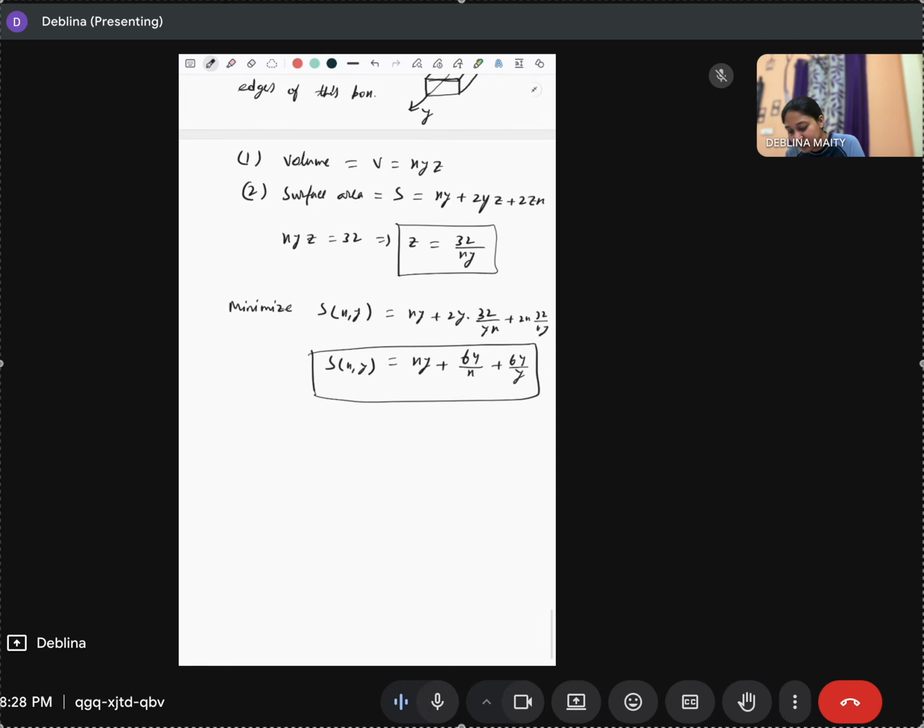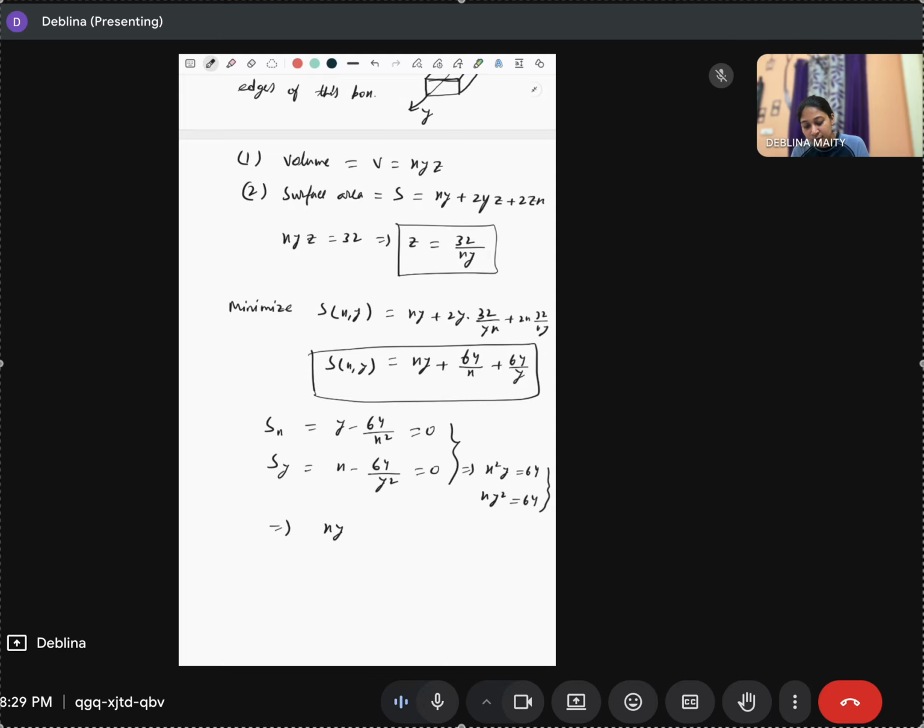In the similar manner, we'll take the partial derivatives. Sx is y minus 64 by x square, and Sy is x minus 64 by y square. We set these two to 0. So x square y equals 64 and x y square equals 64.